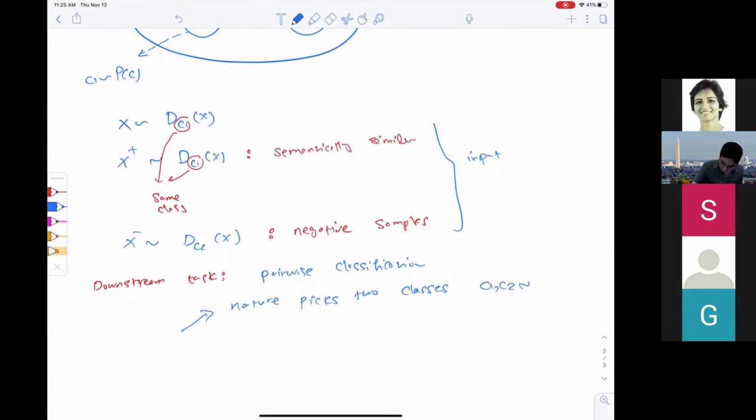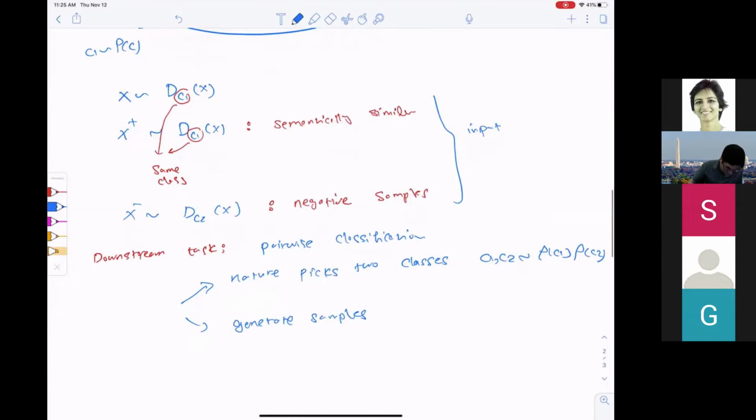What's that probability? Because I know the probability is rho C1 times rho C2. And then generate samples from C1 and C2 and evaluate the classification loss.